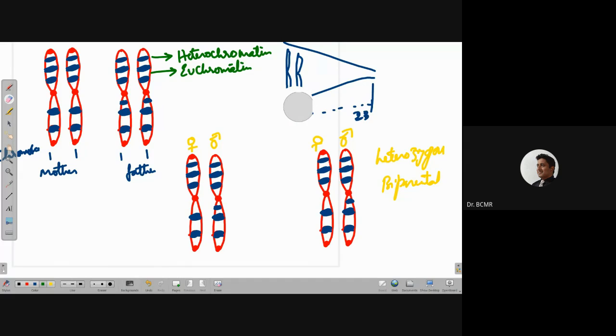So the difference is that they are all DNA, chromatin, everything. The staining is different in these because these are highly silenced parts of DNA, whereas euchromatin regions are highly expressed regions. That's why they have these staining differences.